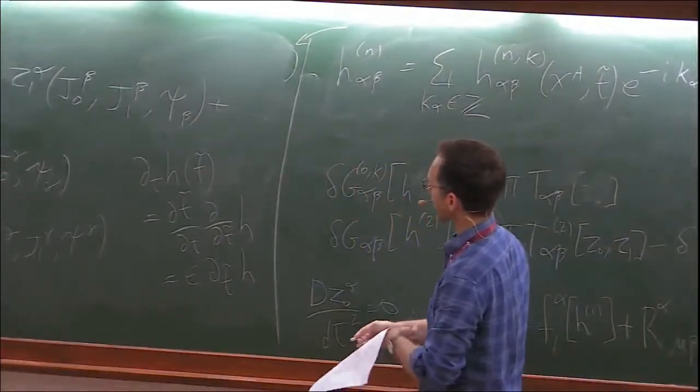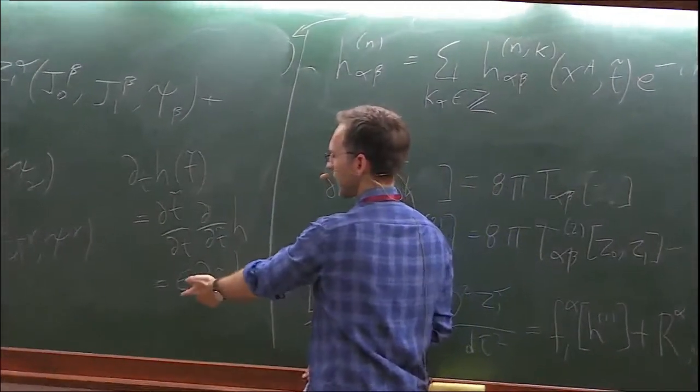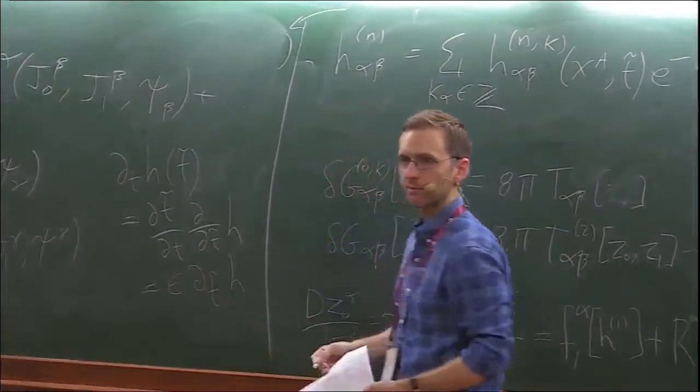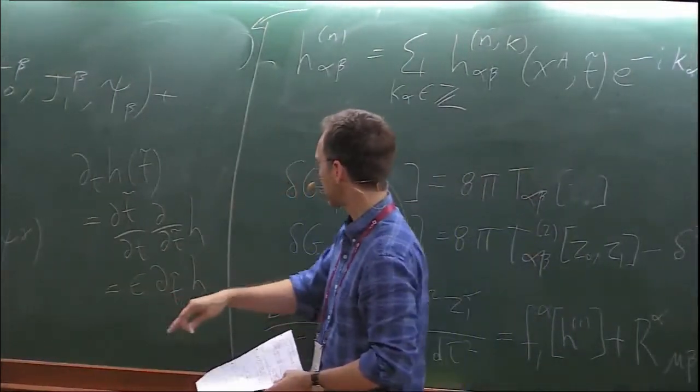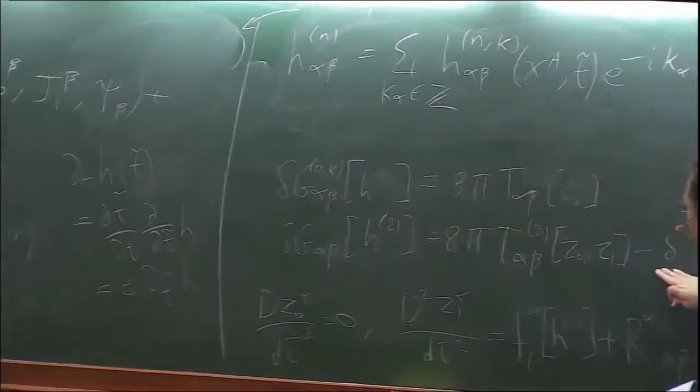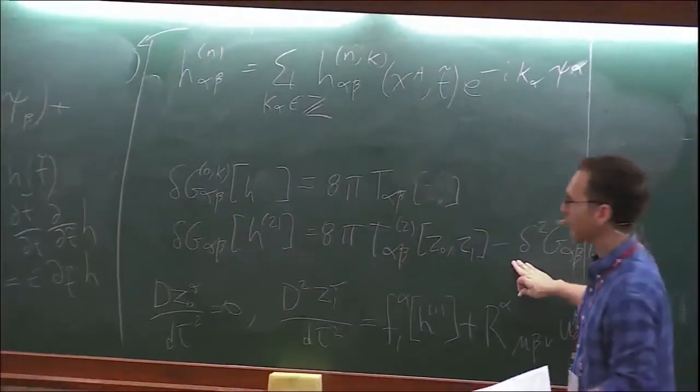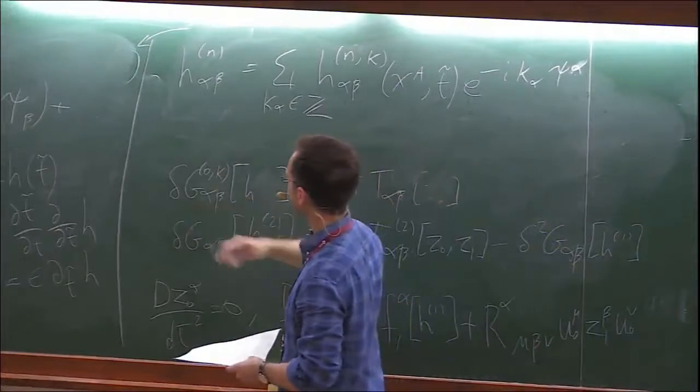So when a time derivative acts on a function of slow time, it gets suppressed by order epsilon. So all these order epsilon terms coming from slow time derivatives, I'm going to move into the second order Einstein equation. Here I'm just ignoring them.